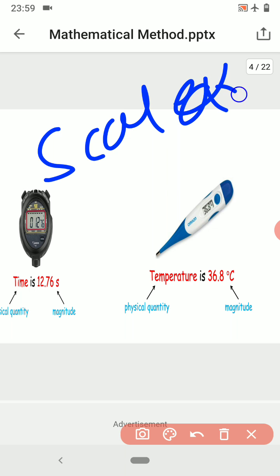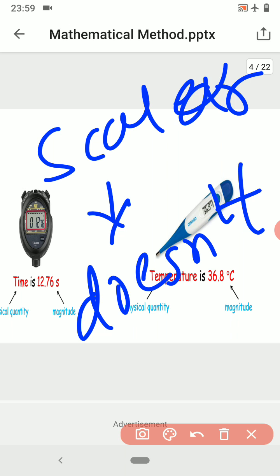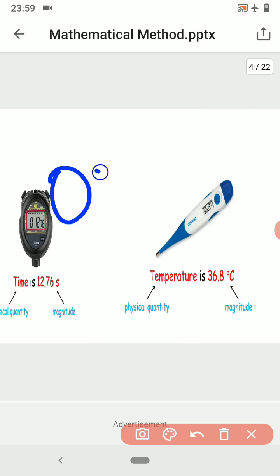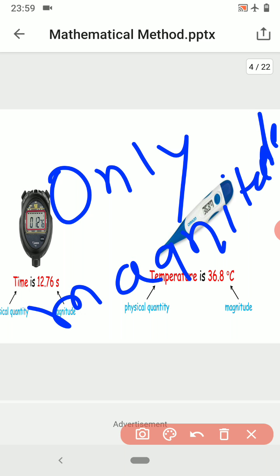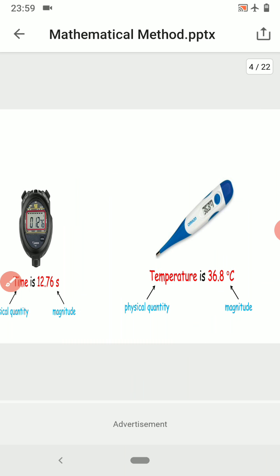So scalar doesn't require direction, only magnitude is required for a scalar quantity.